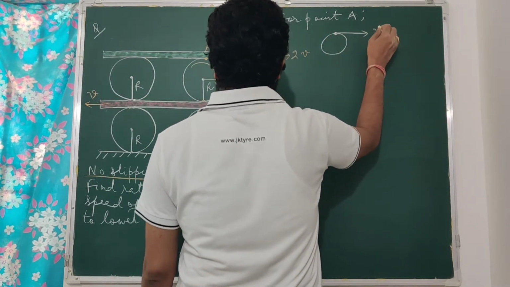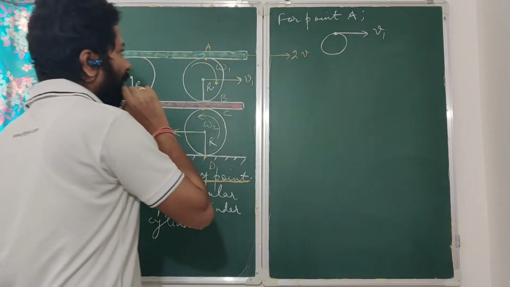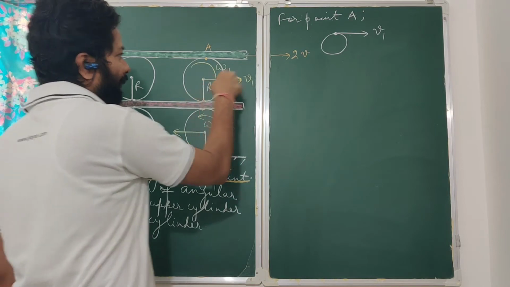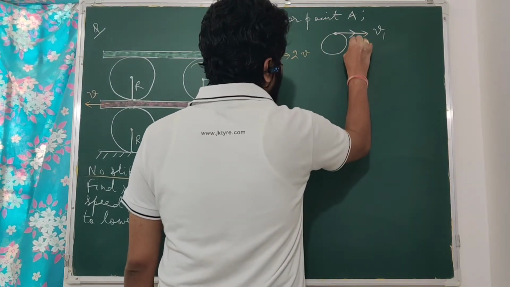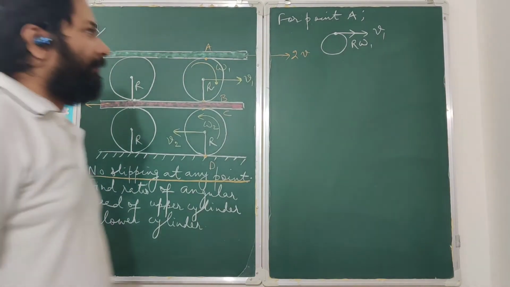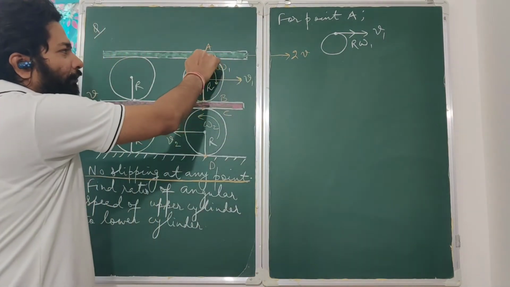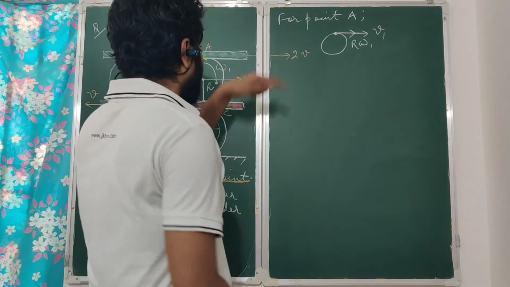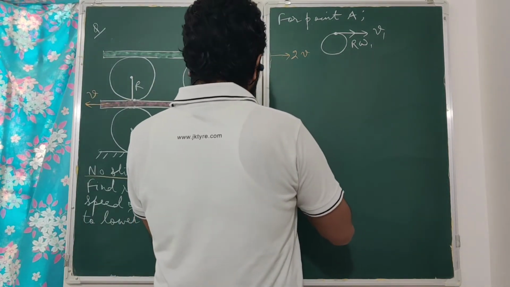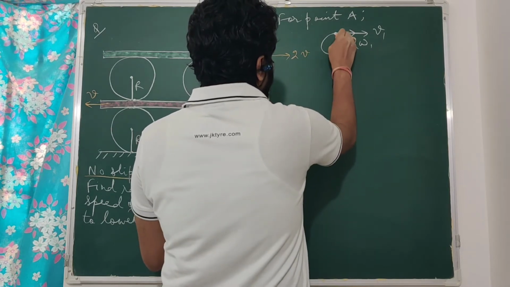Towards right hand side it is v1. Then again, because of rotation, additional velocity will be r omega 1 or omega 1 into r. Same direction because it is rotating like this if you see above the top point. This is actually your point A, correct?